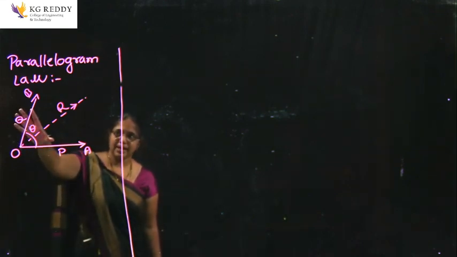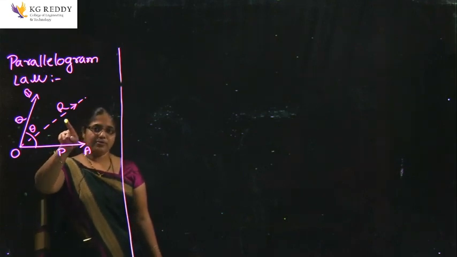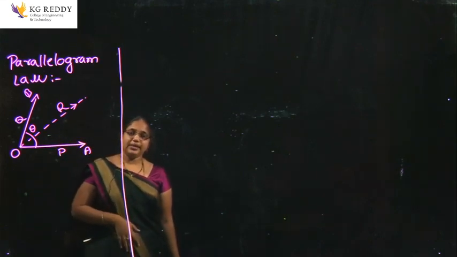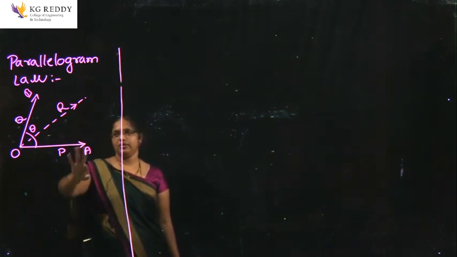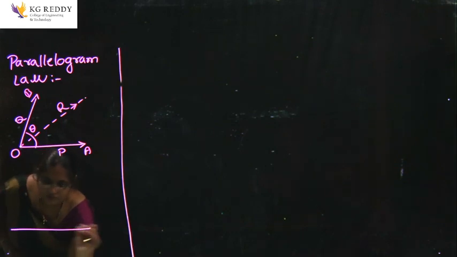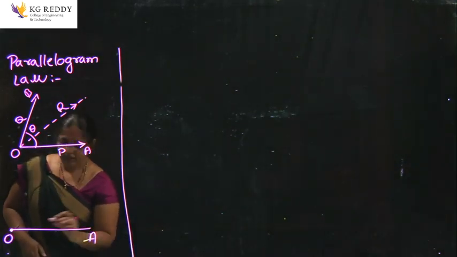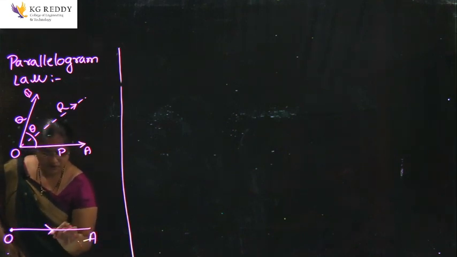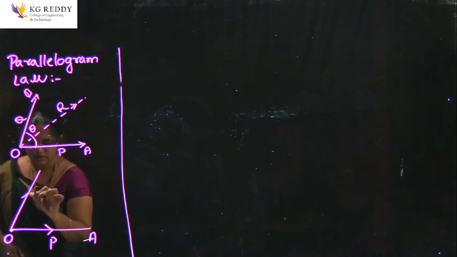Now, one more force I am introducing, the force R, which acts as the diagonal of the parallelogram to resolve the forces between P and Q. Let us take the point O, here O to A is the force with magnitude P, and this is the force with magnitude Q, let us take B.